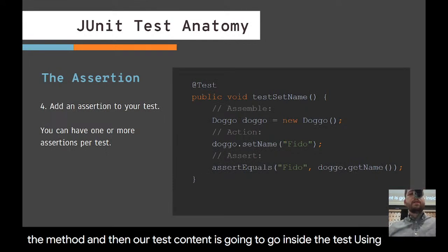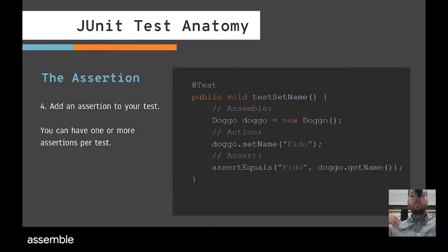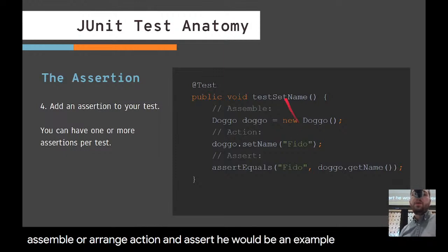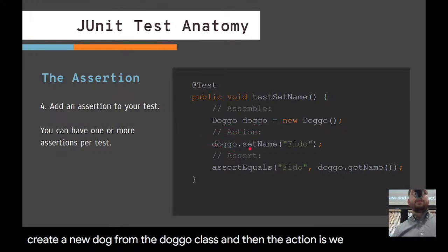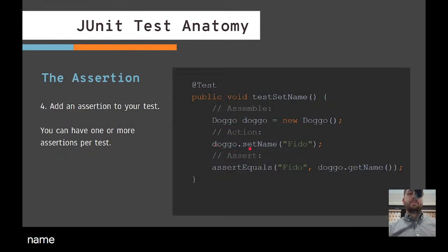So using the arrange, act, and assert, here would be an example test. So here we create a new doggo from the doggo class. And then the action is we use the setName setter, pass in Fido.